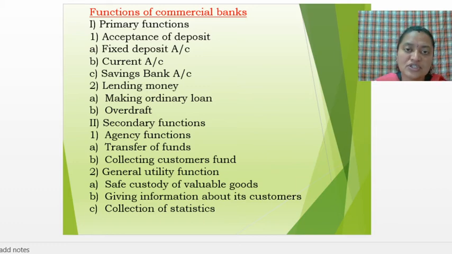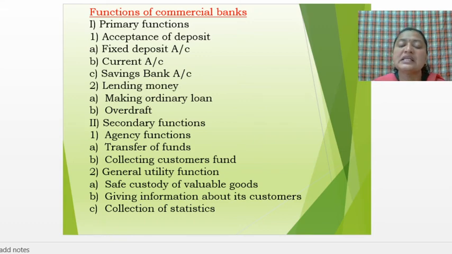Now these are the functions of commercial banks. The first one was primary functions. In that, acceptance of deposits. Acceptance means to accept whatever deposit is there. In that, a fixed deposit account means the deposit is fixed for a certain duration of time, maybe 1 year, 2 years or 5 years. It cannot exceed 5 years. Then the current account, which has no fixed time duration.